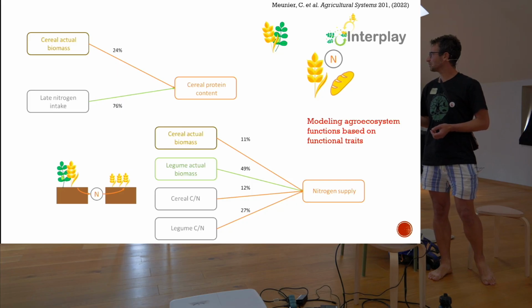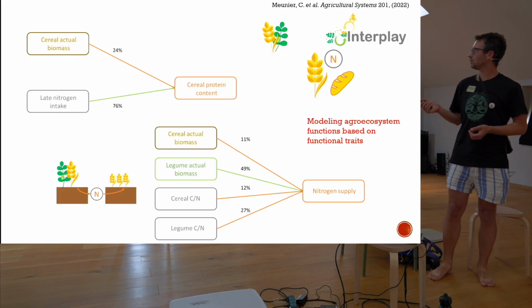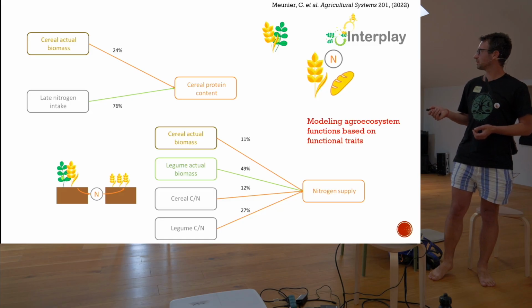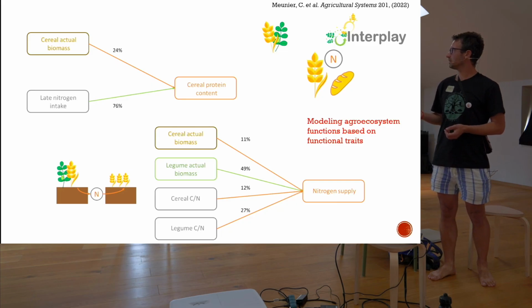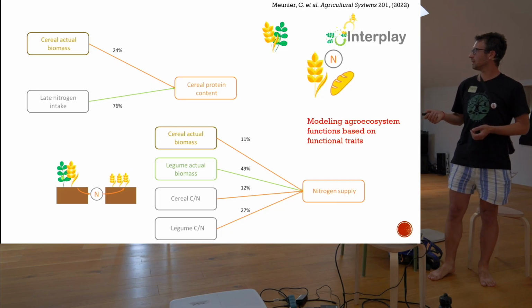So here I just want to show you how you can use this trait-based approach to predict cereal protein content based on cereal biomass and later nitrogen uptake.